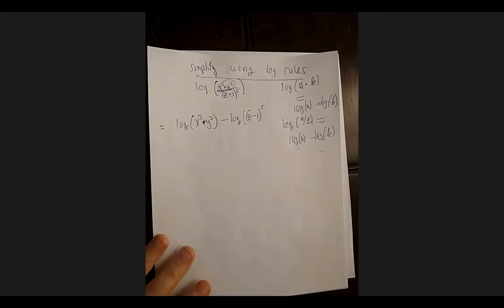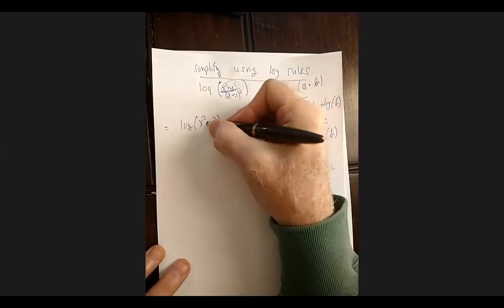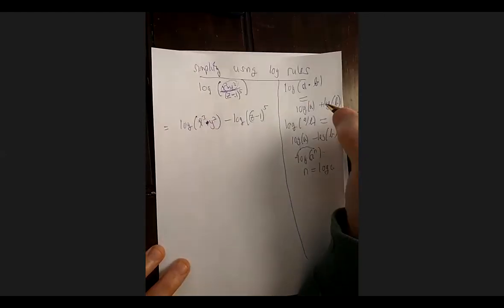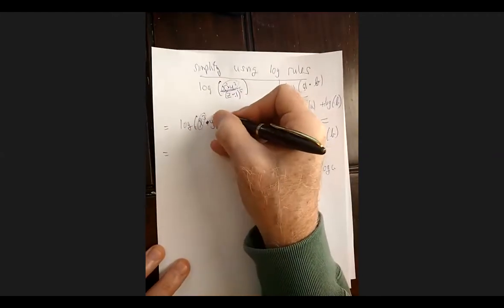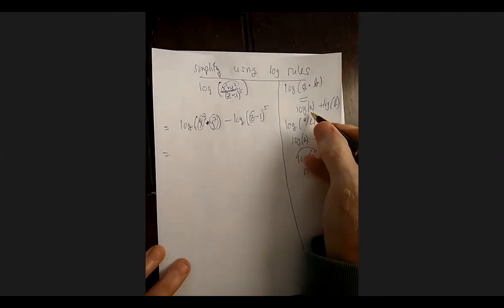Okay. And then I've got another rule you want to think of. You have the log of A to the n. You just bring the exponent down. But before I can bring the exponent down, since these don't have the same exponent, I have to do this rule first over here. So I'm going to consider that my A and that my B. Use this rule.